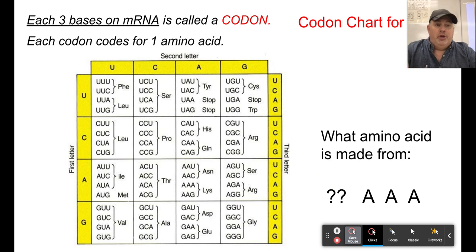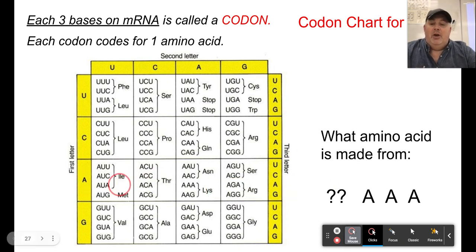So this is a codon chart. There are only 20 amino acids. So for example, if I had a codon sequence starting with A, what amino acid does it code for? Well, what we have to do is use the chart, and the first letter here, which is A, means that it's got to be somewhere in here.